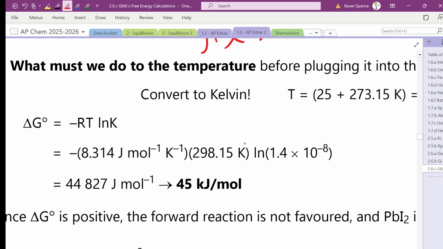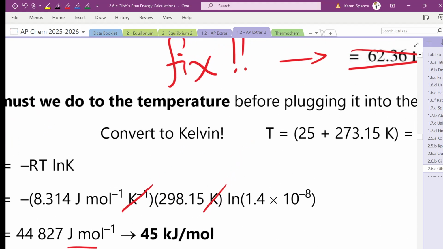Kelvin cancels with Kelvin to the -1. And the natural log of KEQ has no unit, so we are left with joules per mole. Because it's delta G, we would probably like it to be in kilojoules. So let's translate that to kilojoules.